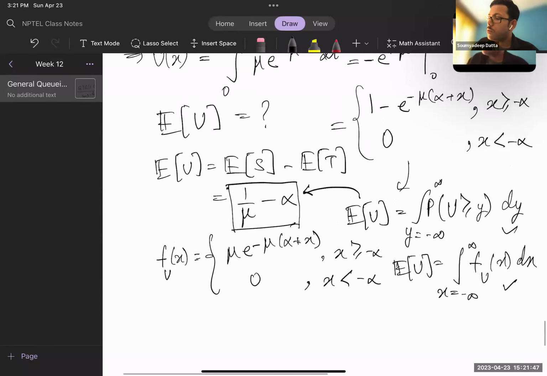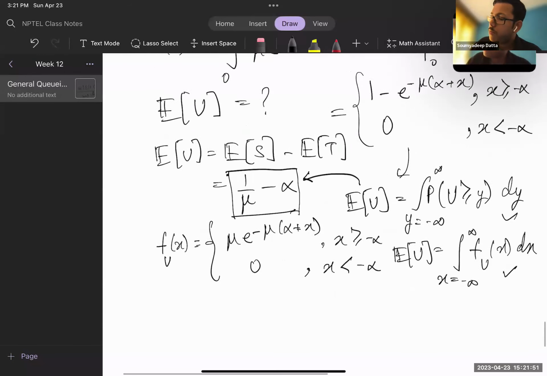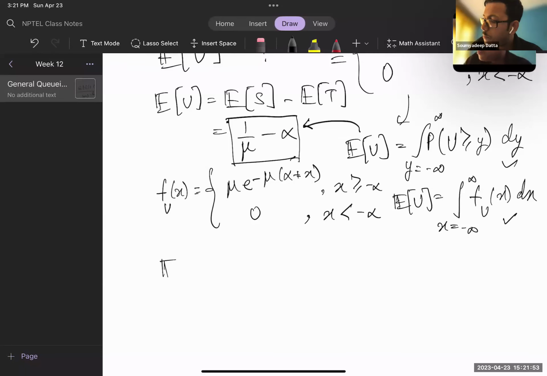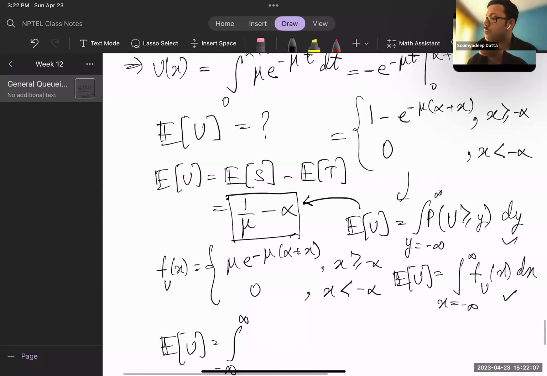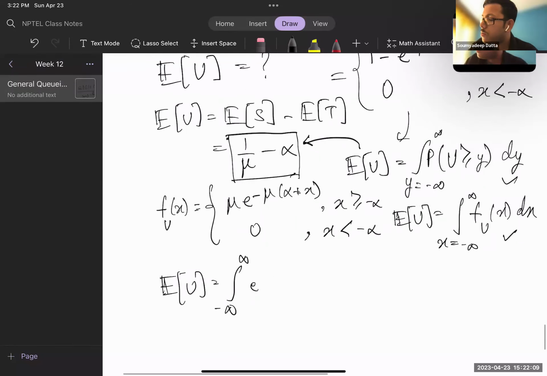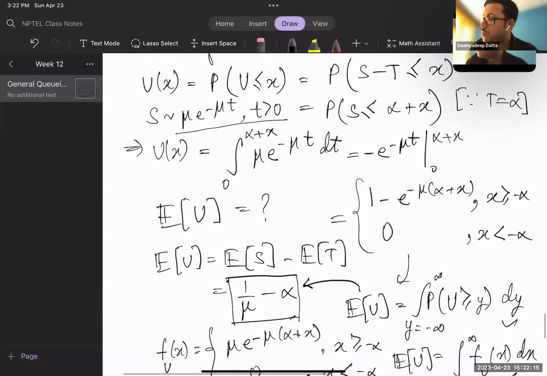Let's quickly try the first formula because we have it right here. The integral from minus infinity to infinity of probability u greater or equal to y is nothing but the CCDF, the complementary CDF, so it is 1 minus the CDF. So this will come out to be e to the power minus mu alpha plus y, and then dy.